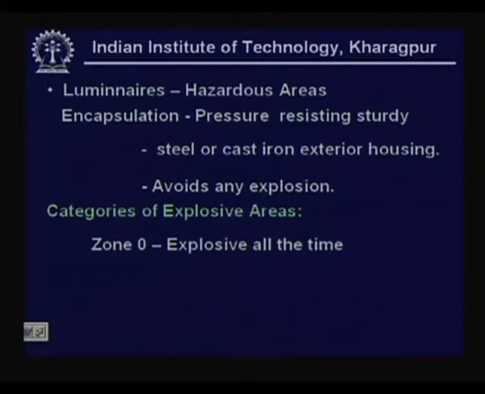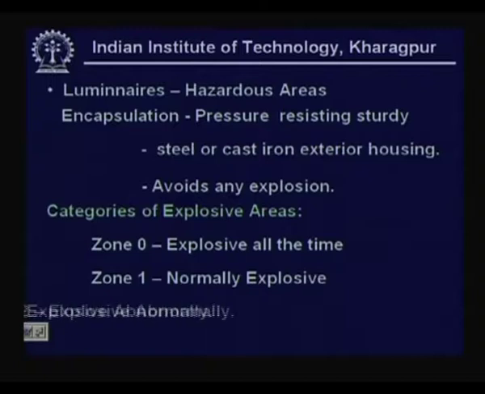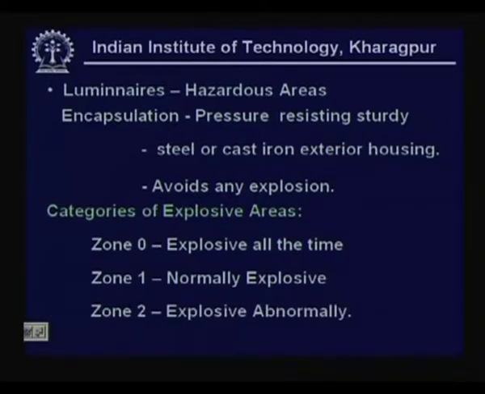Zone 0 is one where there is a scope for explosion all the time. Zone 1 is normally explosive, not all the time. Zone 2 is abnormally explosive, that is, there is some finite chance.